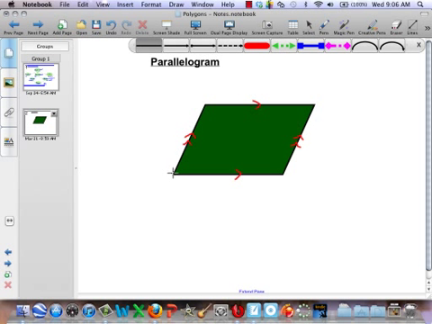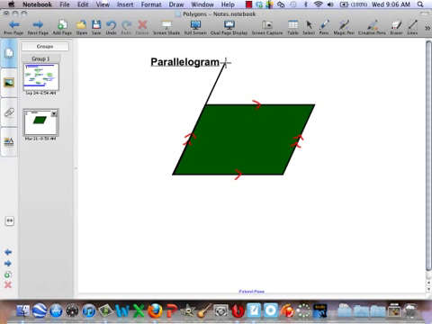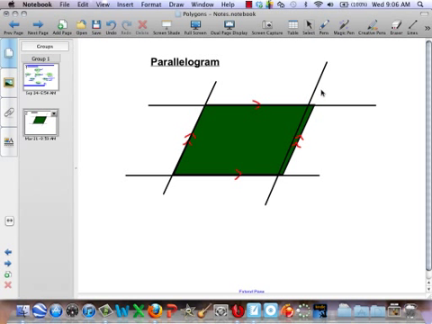If I extend this side, and I extend this side, I might have to move some things around. You can see that I have two pairs of parallel lines.